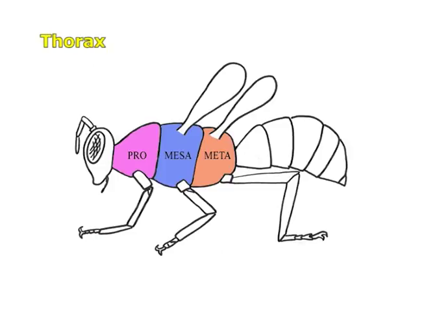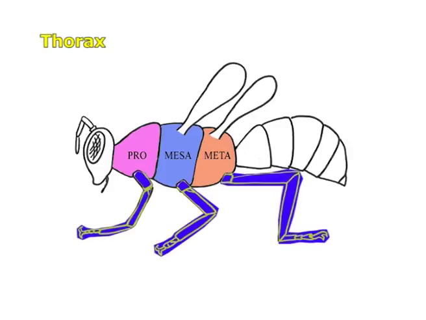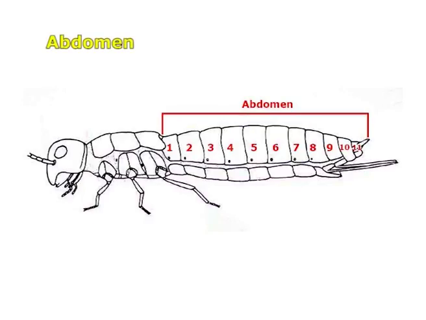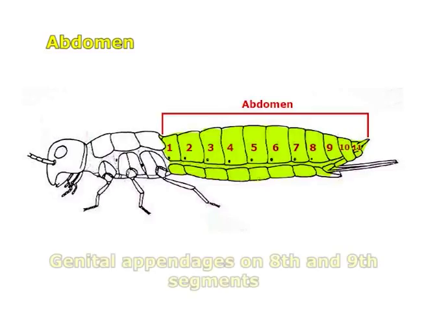All the 3 thoracic segments possess a pair of legs, and meso and metathorax possess one pair of wings. Abdomen. Abdomen has 7 to 11 segments with genital appendages on 8th and 9th segments.